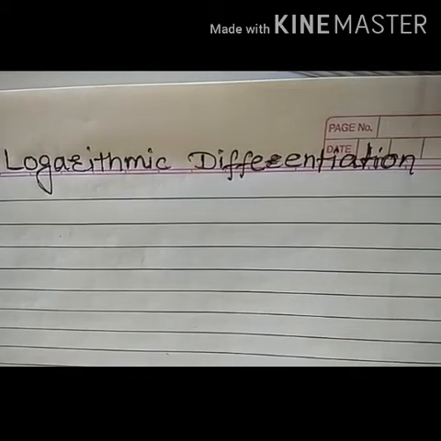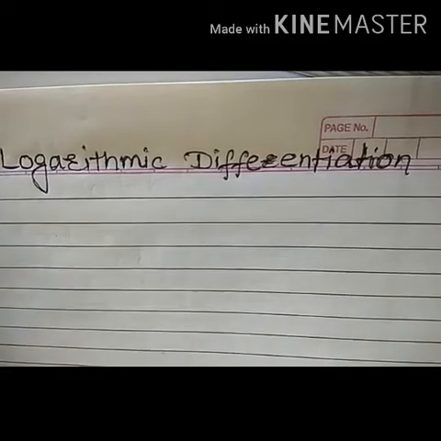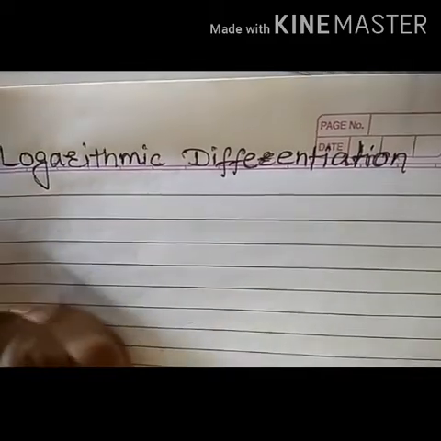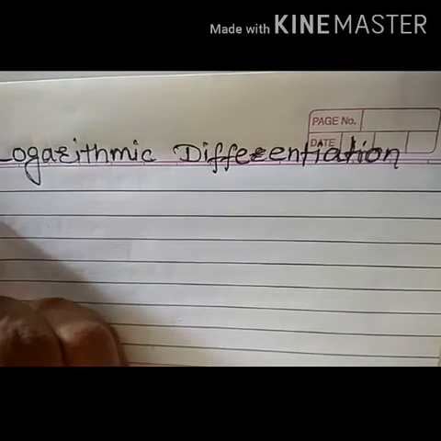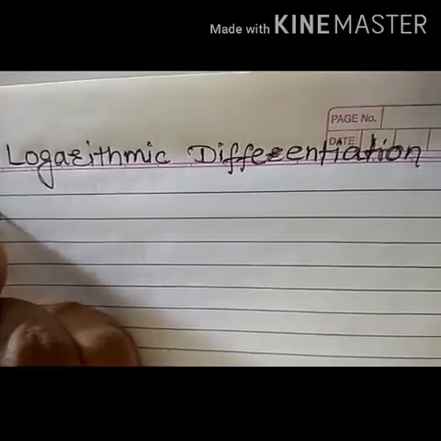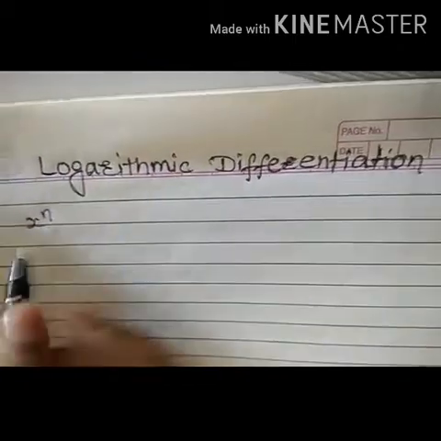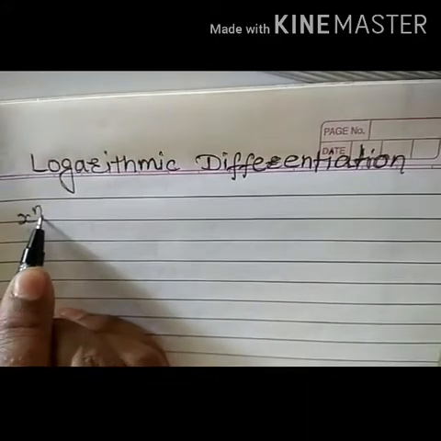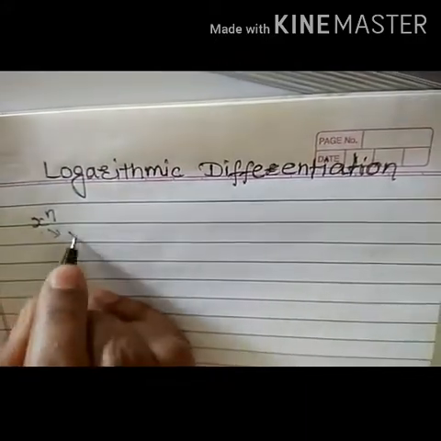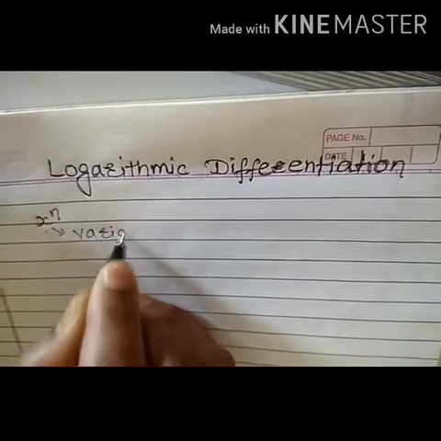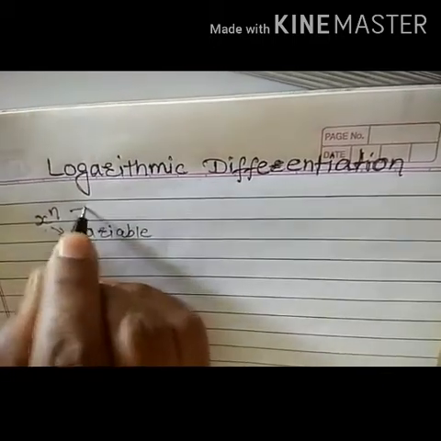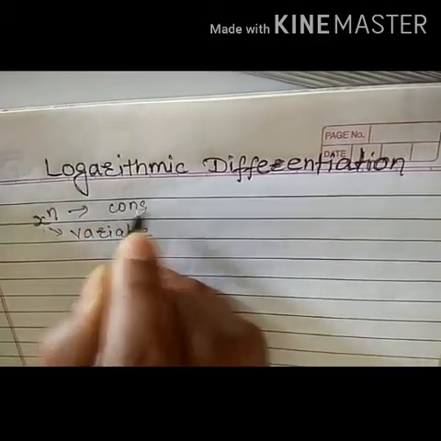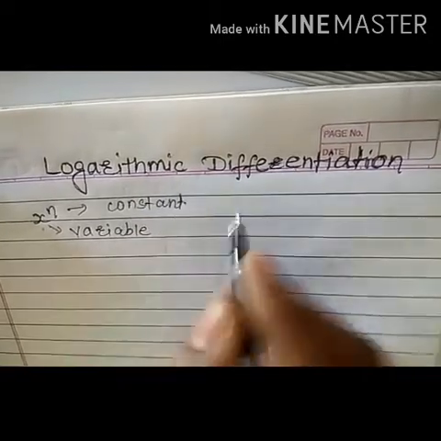When the function is x raised to n, x is the variable and n is the constant.